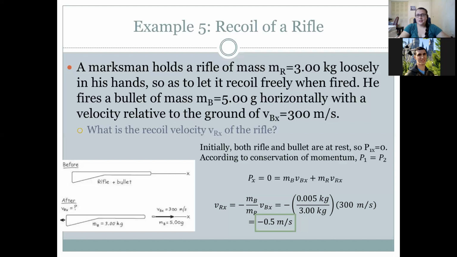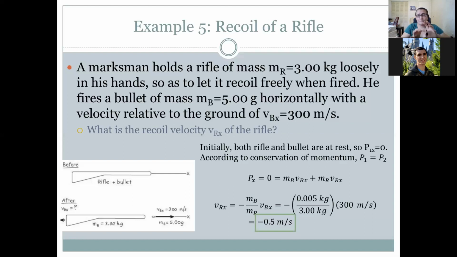So this velocity, if this were real life, you would feel that rifle hitting into your shoulder at that velocity, and it would not be pleasant to do that repeatedly. So a better practice, I've never actually fired a rifle before, but I know this from video games and TV shows and stuff, that the better practice when you're firing a rifle is to brace it against your shoulder, because then that increases the mass that you're dealing with at the end.